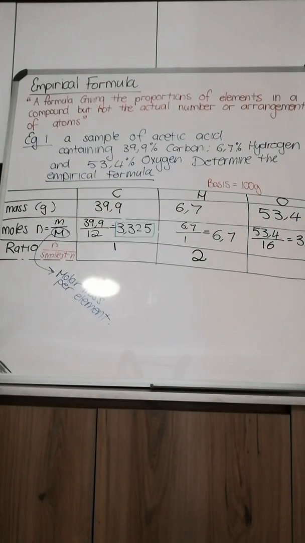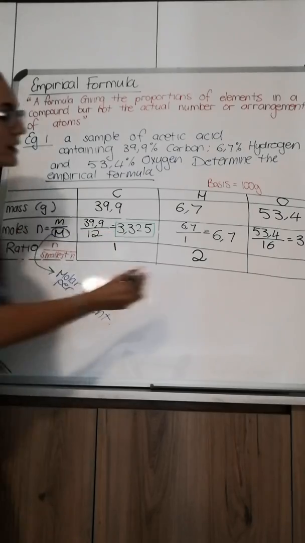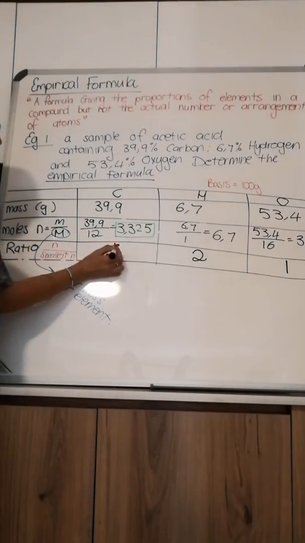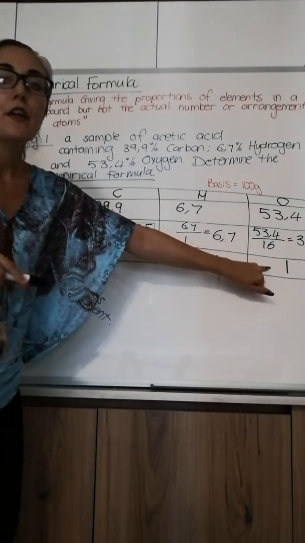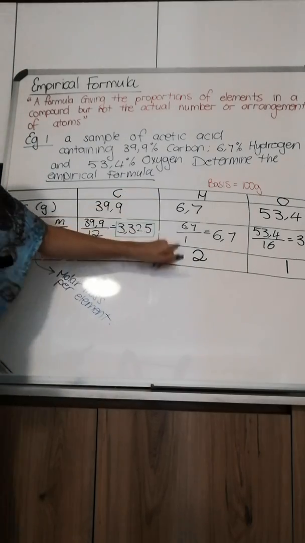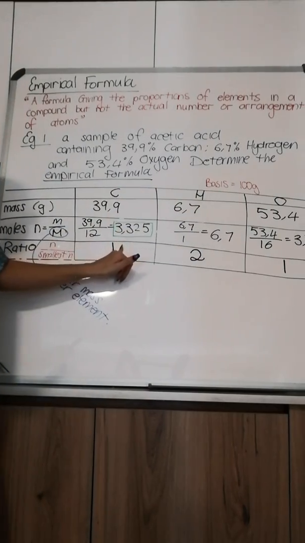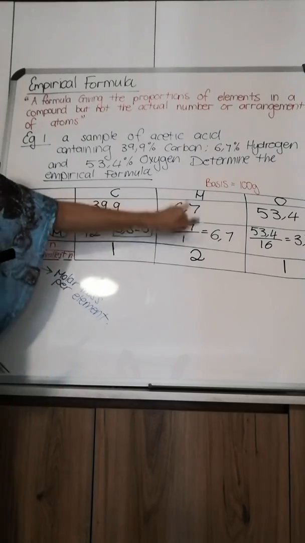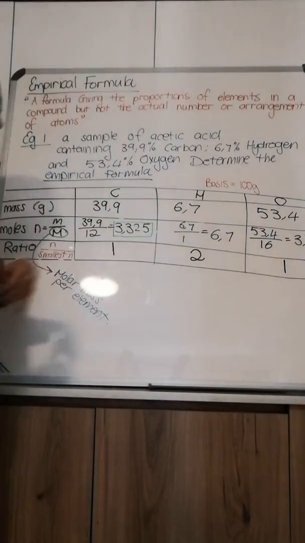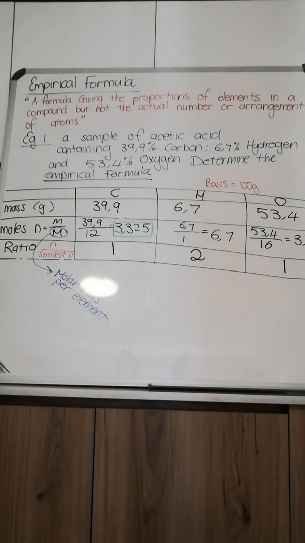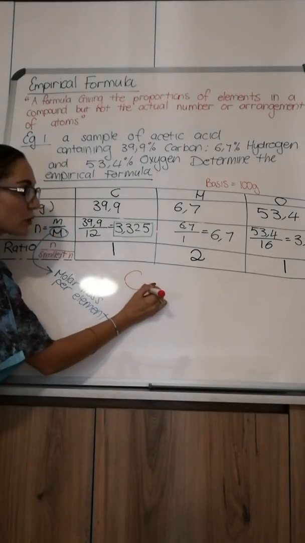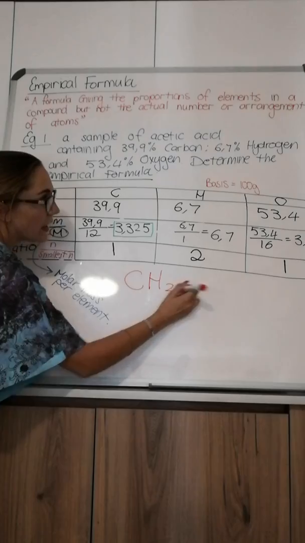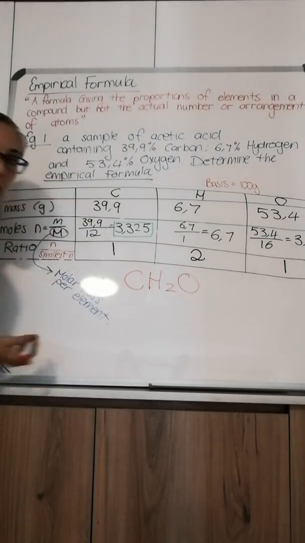It's close enough to 2 to round off. And when I divide 3.375 by 3.325, I also get close enough to 1 to call it 1. Okay, so these ratios tell us the ratios of our elements. So for carbon, we've got a little subscript bonding ratio of 1. For hydrogen, we're going to have 2, and for oxygen, we're going to have a 1. So our empirical formula for this sample of acetic acid is C, remember we don't put the 1, H2, and then O, again we don't put the 1.